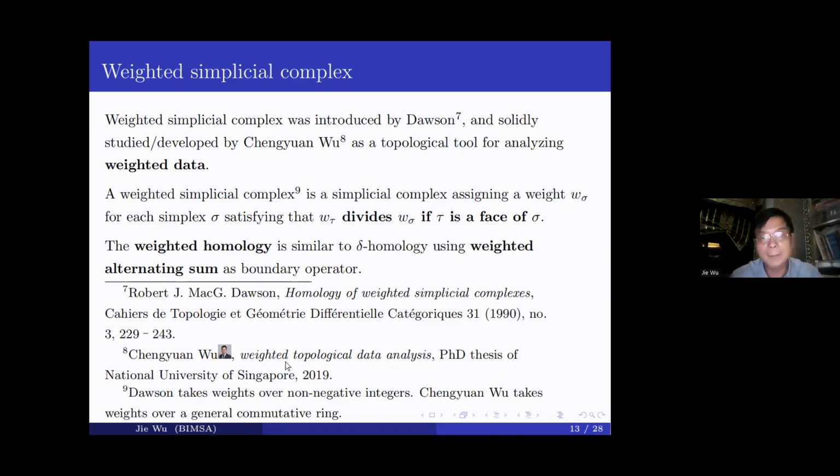A student of mine, who has now graduated at NUS, worked on this object with Chengyuan Wu, and did a lot of work on this topic in his very nice thesis. Then we introduced persistence, so we got weighted persistent homology as well and tried to make applications. So that's good. It reminds me that this weighted homology is similar to a delta homology.